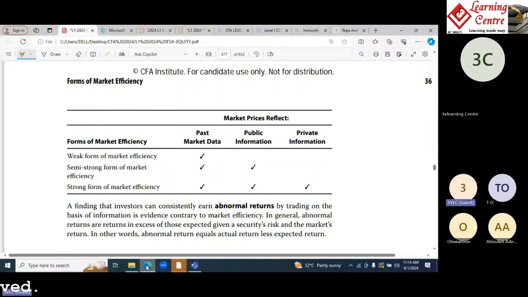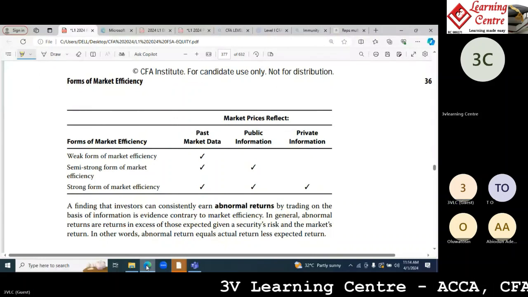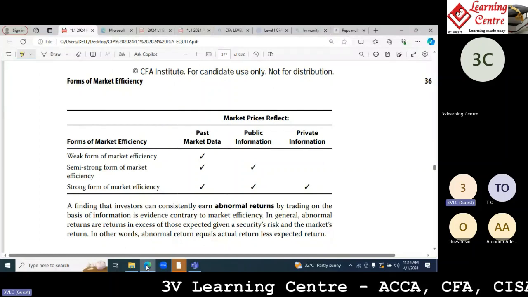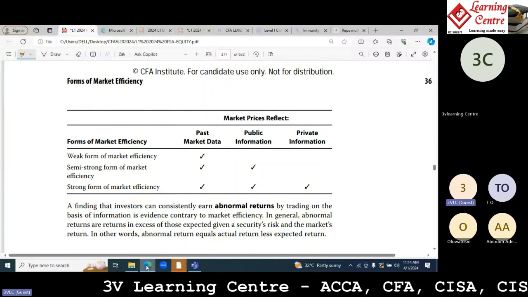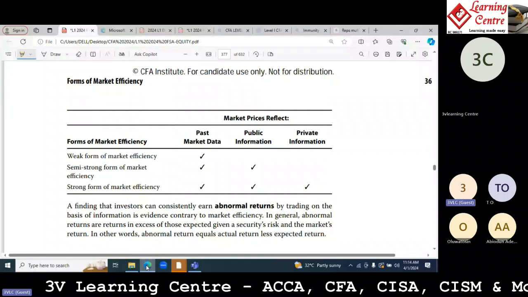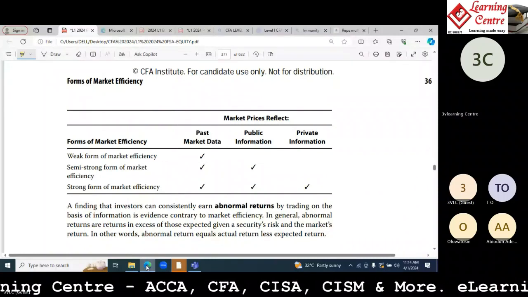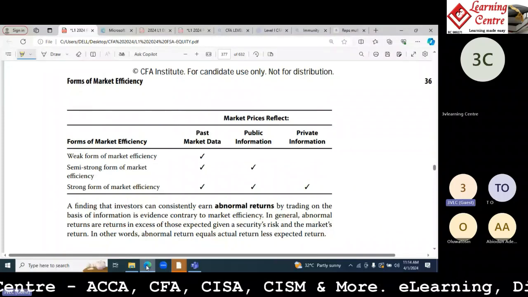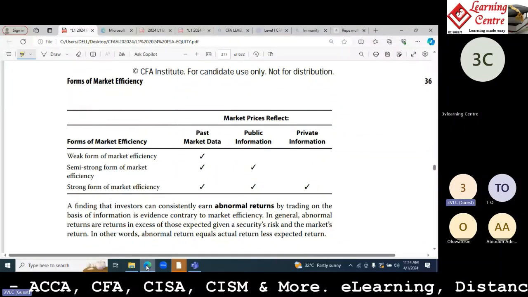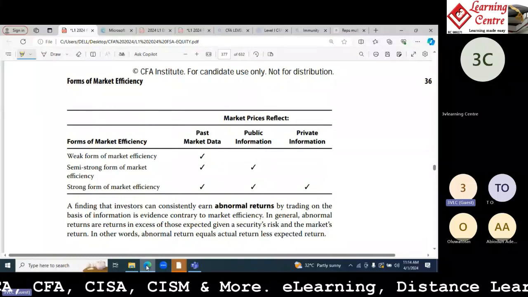That is the only way I can make abnormal returns. But strong form is also saying that private information is already reflecting. So you can't do insider trading in a strong form efficient market either, because the market has reflected all types of information. So it will be a waste of time.